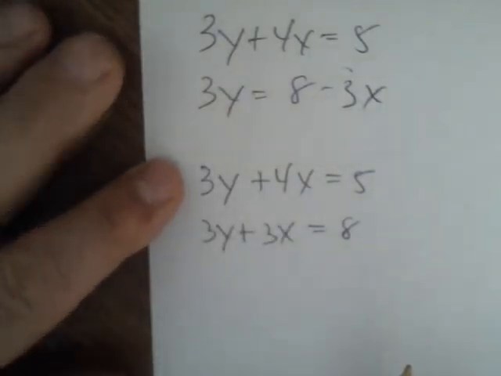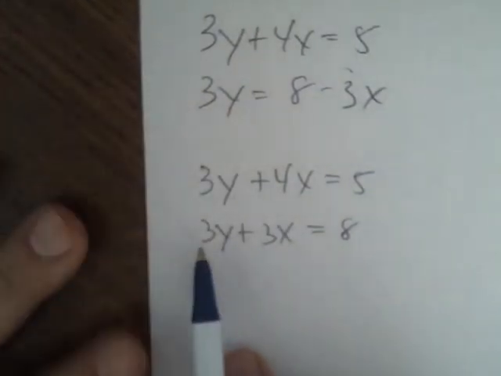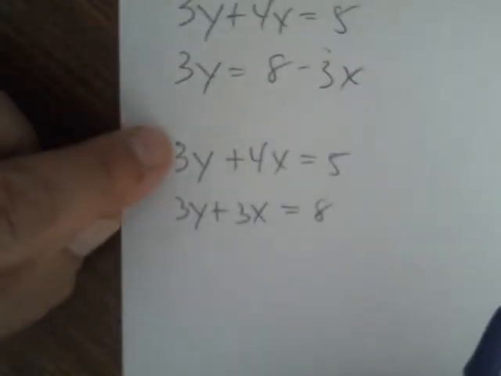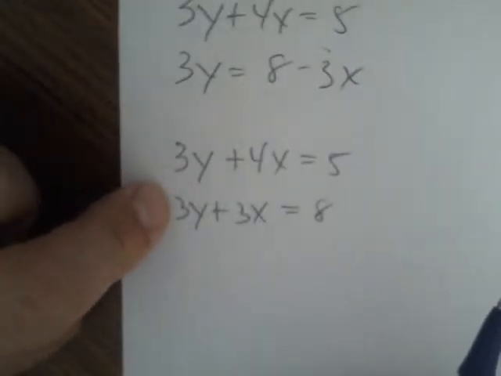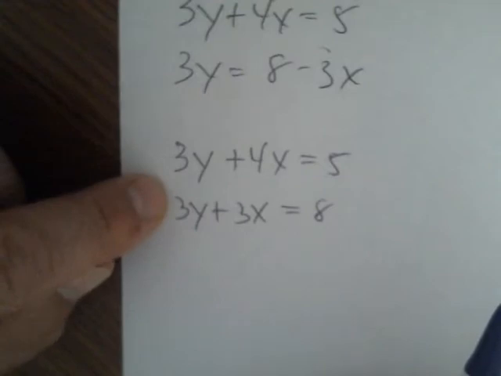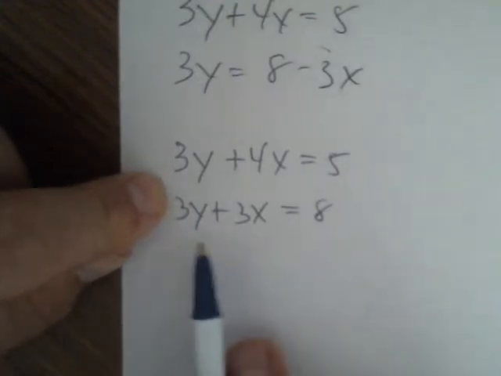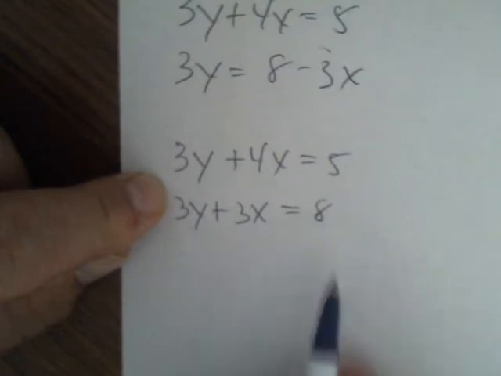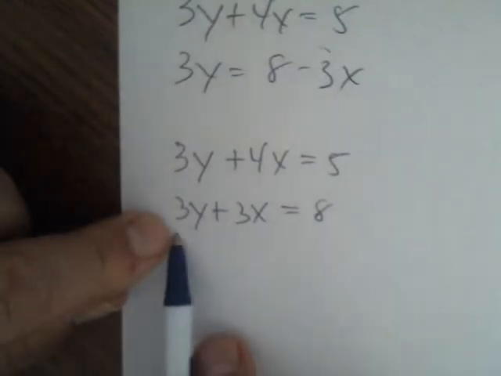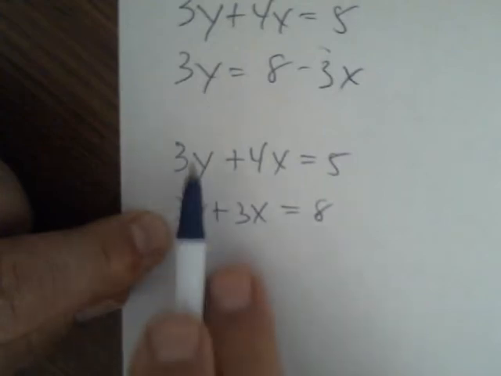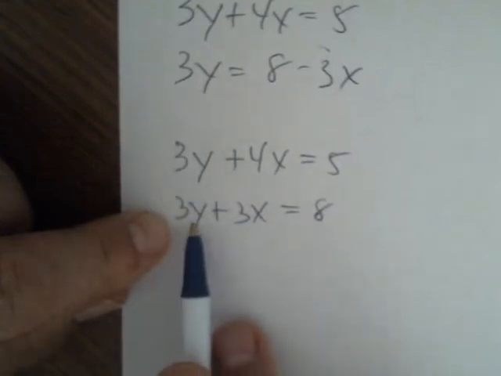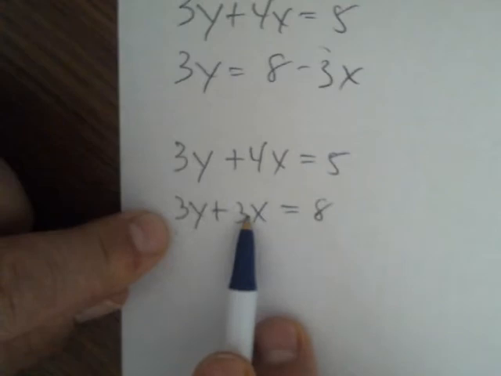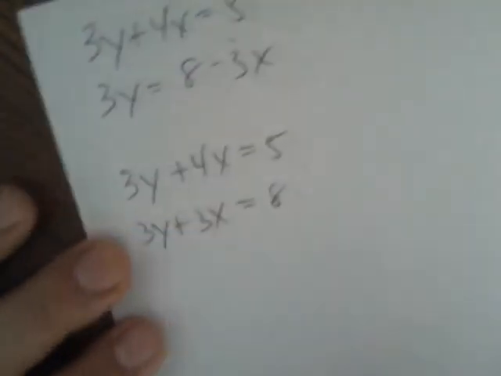So in order to have an opposite, I need like positive 3y and negative 3y. I don't have that here, but I can make it, because remember, you can do anything you want to an equation as long as you do it to both sides. So if I multiply this by negative 1, that gives me negative 3y, which gives me opposites. But I have to also multiply the 3x by negative 1 and the 8 by negative 1.